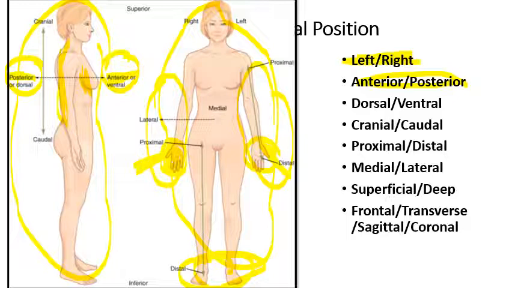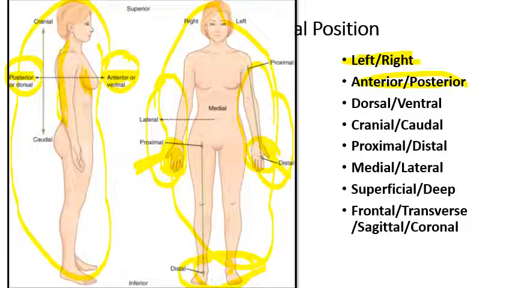We've learned about the anterior side of the body and the posterior side of the body. Now, unfortunately, a lot of people study the anatomy of animals as well. The main difference between humans and animals is that animals walk on all 4 limbs, whereas humans only walk on 2 limbs.